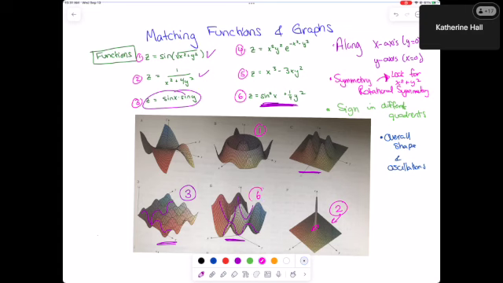Okay, so 6. So now we have 2 left. We've got this 4 and this 5 to narrow down. Let's think about maybe what happens along these axes. For this one, when x equals 0, what do I get? Well, I get e to the negative y squared, but it's times by 0.